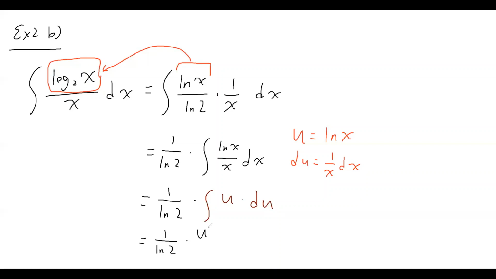So that means it's u squared over 2, and then plus c, of course. All right, and then do reverse u sub, replace the u back with the original expression. So we get ln x quantity squared over 2 ln 2, plus c.